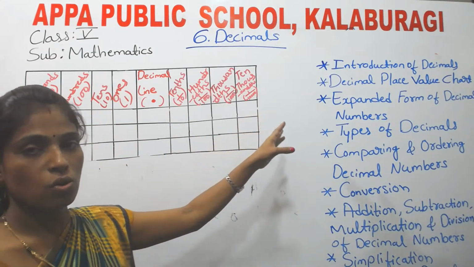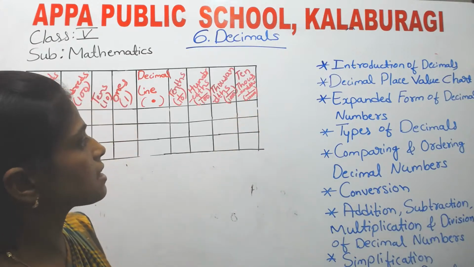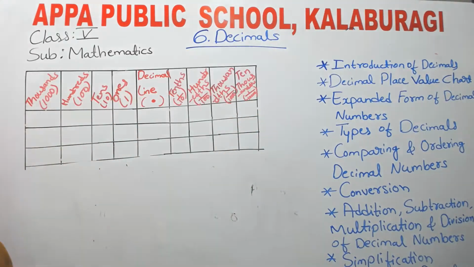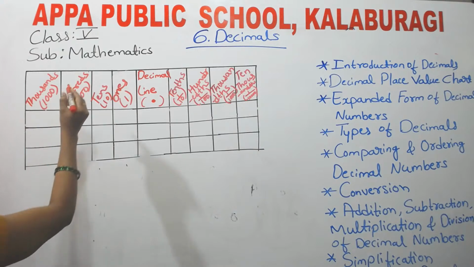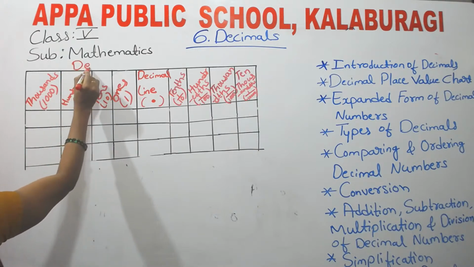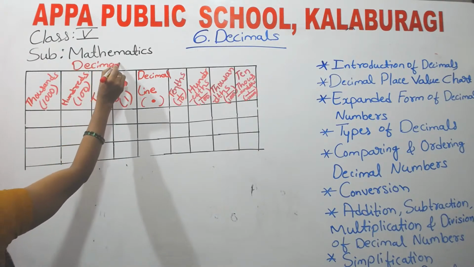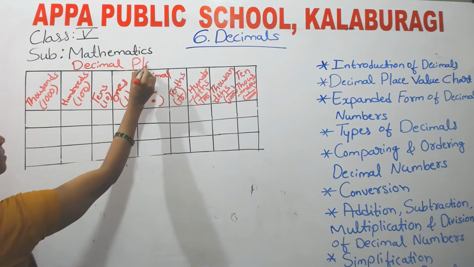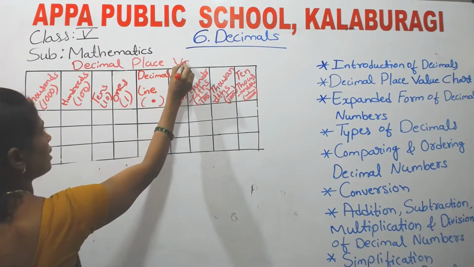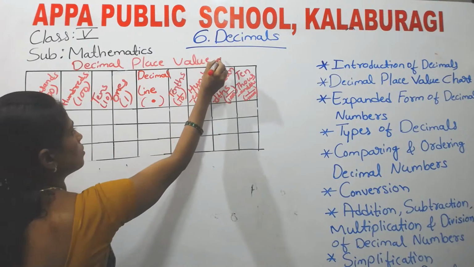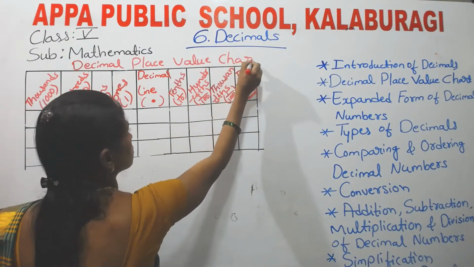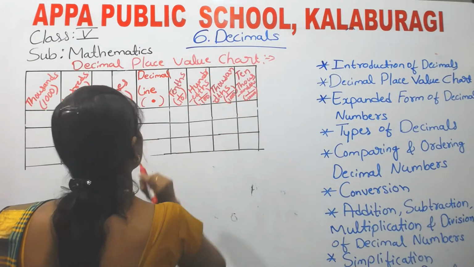First, the introduction is over. Now I explain the next one, the decimal place value chart. Okay, decimal place value chart.